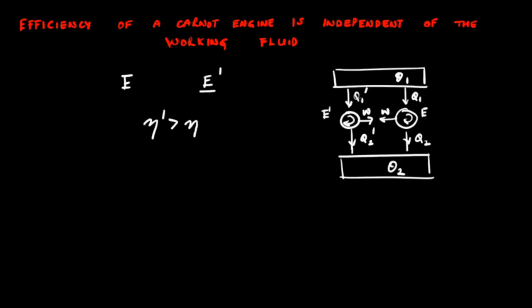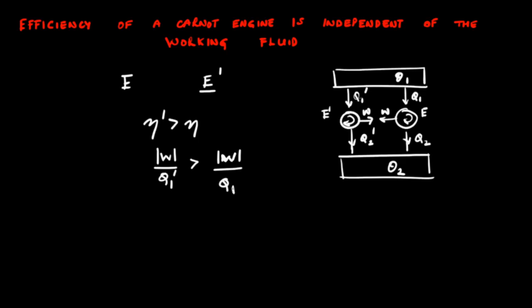In our case, both of these engines deliver the same amount of work. So the absolute value of the work is W, so that we don't confuse it with our sign convention. So the efficiency eta prime is given by this, and this is greater than, so we've considered heat engines that deliver the same amount of work but take in a different amount of heat.